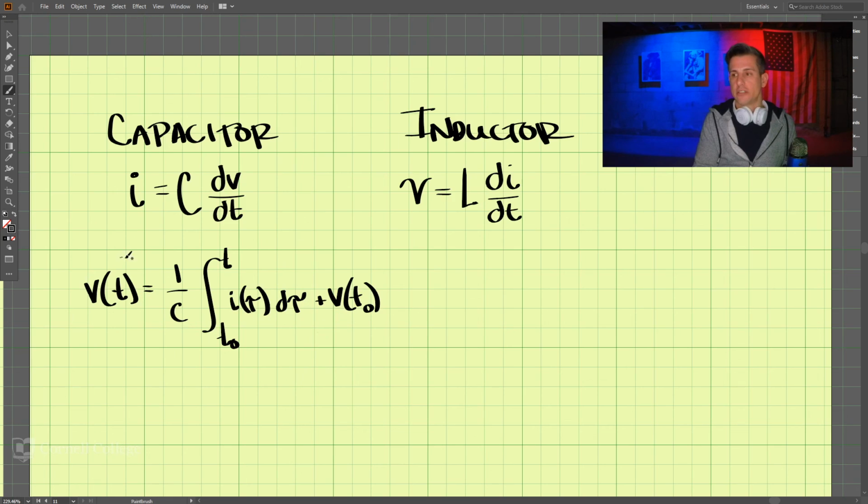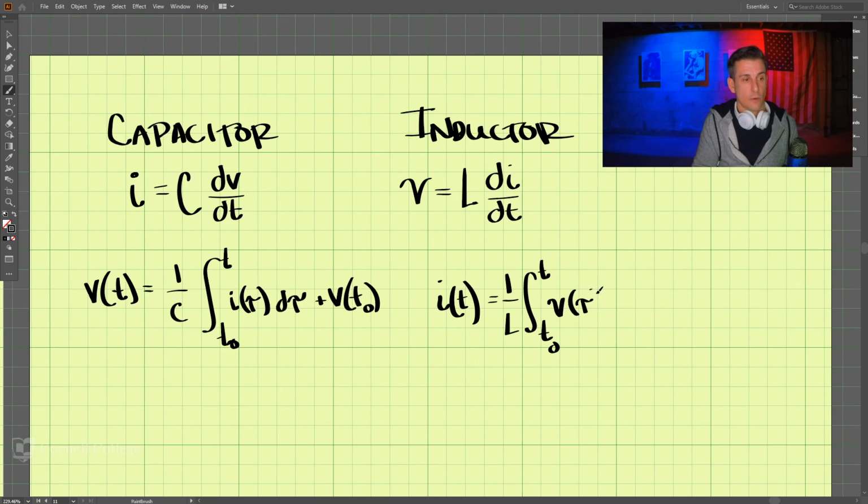Now for an inductor, we have the current, which is equal to 1 over L times the integration from t0 to t of the voltage with respect to time, plus the current at time t0. So you can see the relationship here.